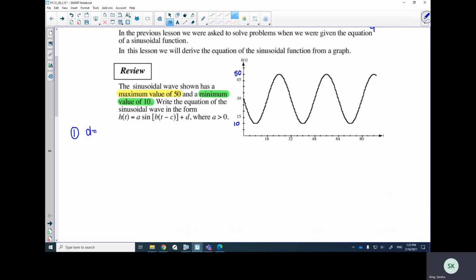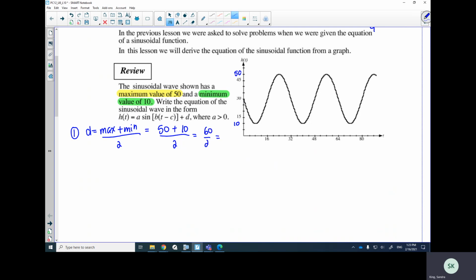So the midline is your D parameter. And remember that the formula for the D parameter is max plus min divided by 2. The max of this graph is 50. The min of this graph is 10, because they gave me the maximum. That's all they gave me. And then we're going to divide that number by 2. 50 plus 10 is 60.